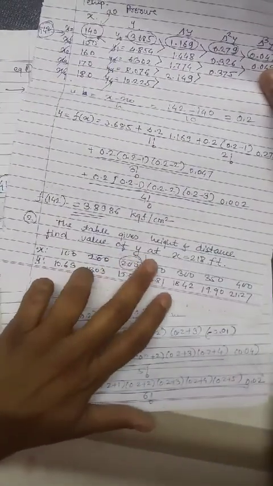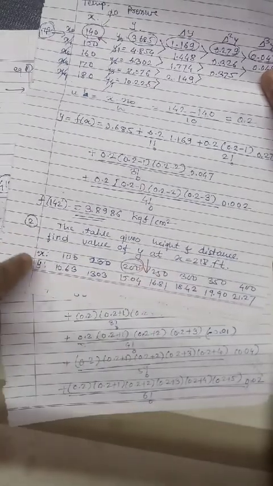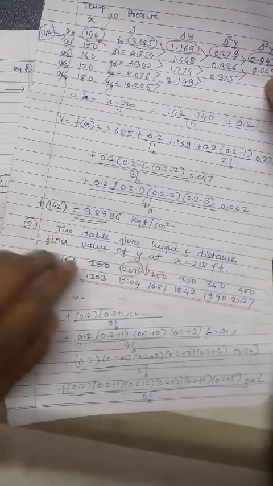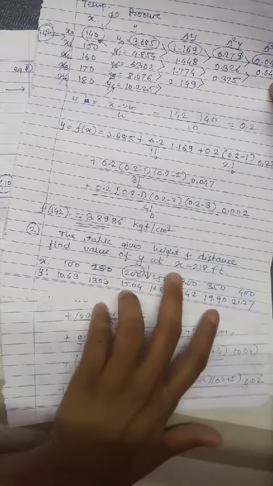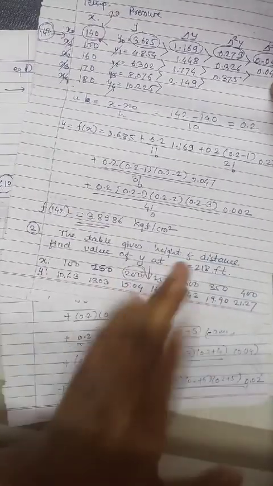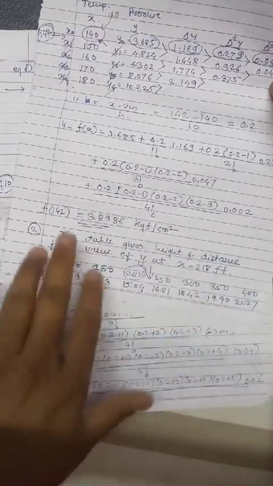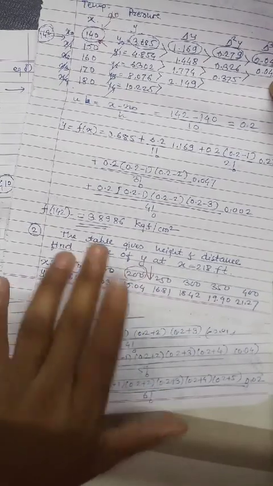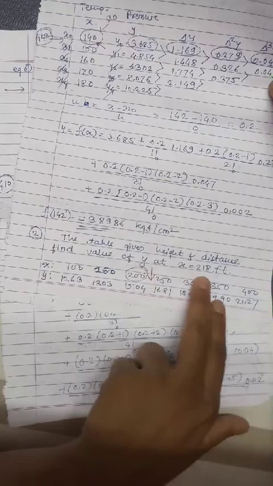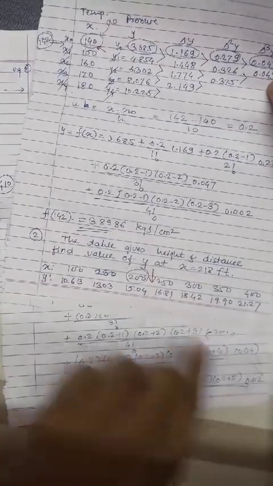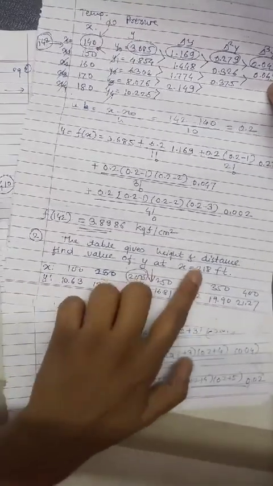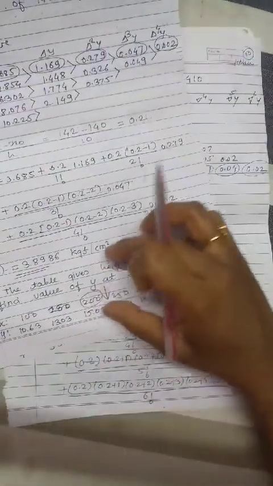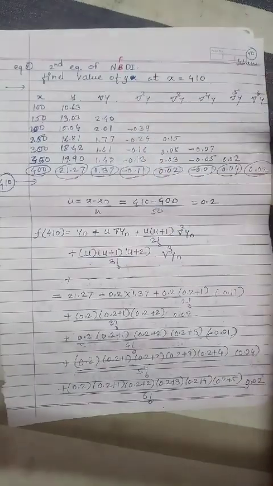This table gives the height and distance by the notation x and y. In the forward difference part we had to find the value of y at x equal to 218 feet, so 218 lies at the beginning.